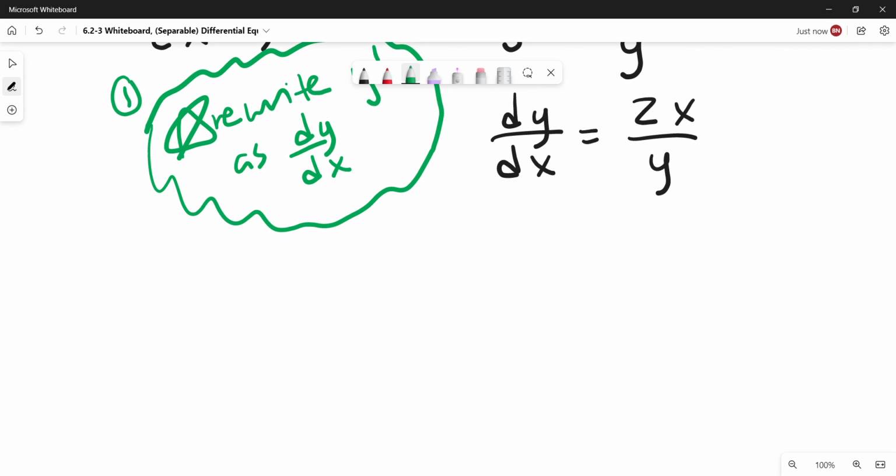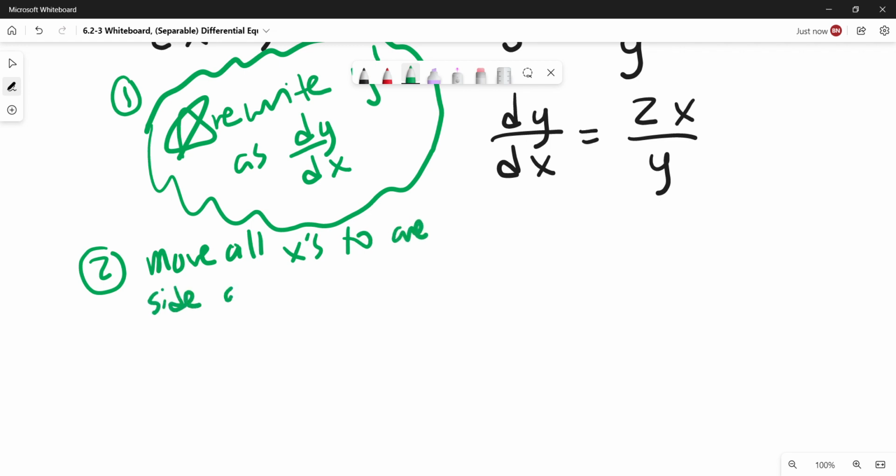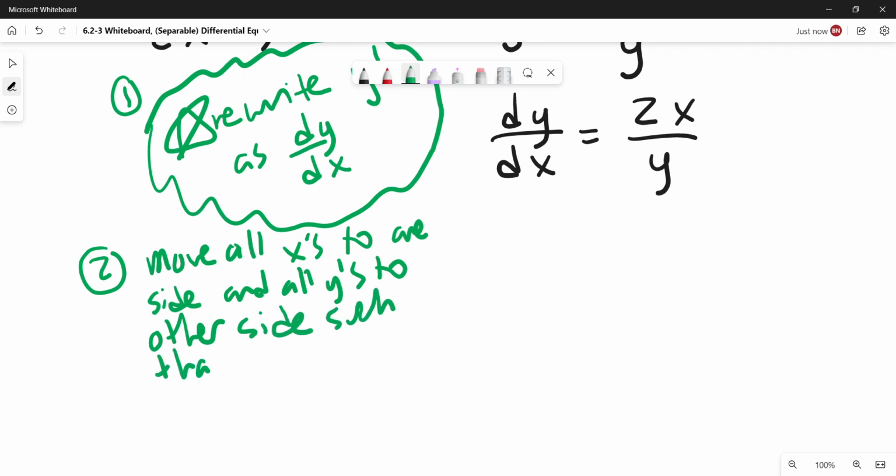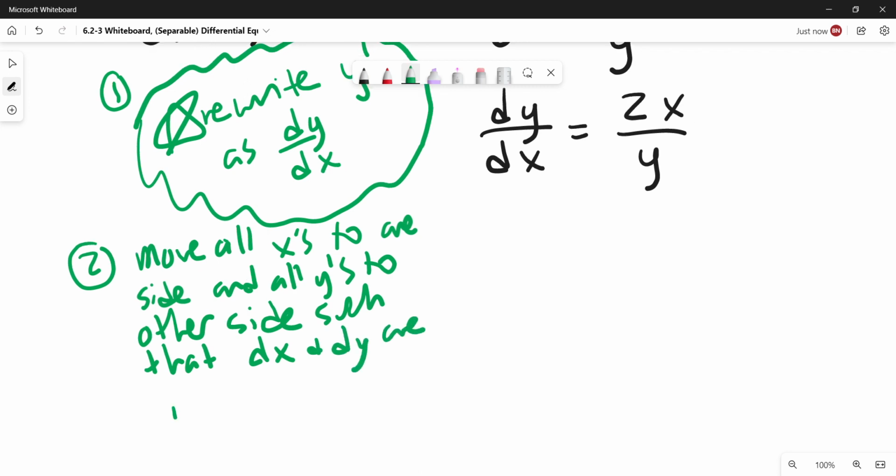And then the second step would be: move all x's to one side and all y's to the other side, such that dx and dy are in the numerators.